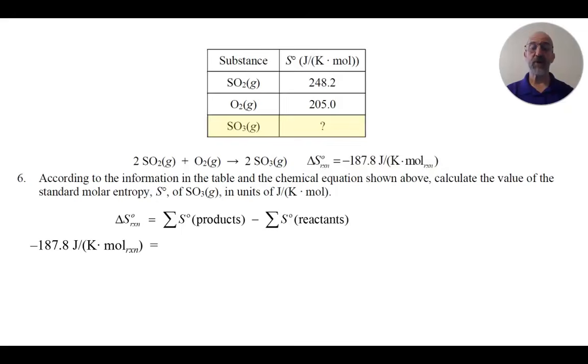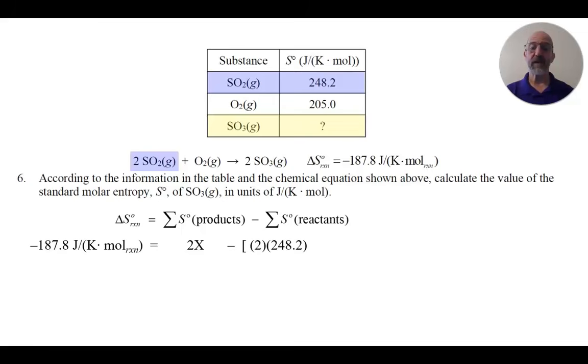Now, the sum of the products. We only have SO3 for the product in this balanced chemical equation. There is a coefficient of 2, but since I don't know what that value is, I'm going to represent the products as 2 times x, since x is an unknown quantity, and that's actually the quantity that we're looking for in question 6. Now, for the reactants, I see 2 times the value for SO2, which is known as 248.2 joules per Kelvin mole.